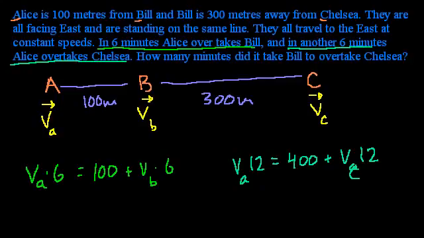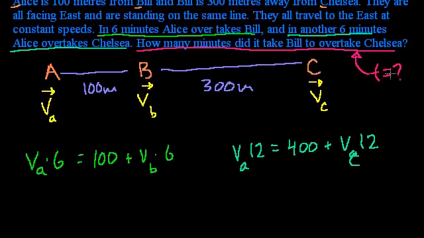And what is their question? They're asking us, how many minutes did it take Bill to overtake Chelsea? How many minutes did it take Bill to overtake Chelsea? All right, so let's say this question, we want to know time in minutes. Time, how long does it take Bill to overtake Chelsea? So let's say we know that it's time t.